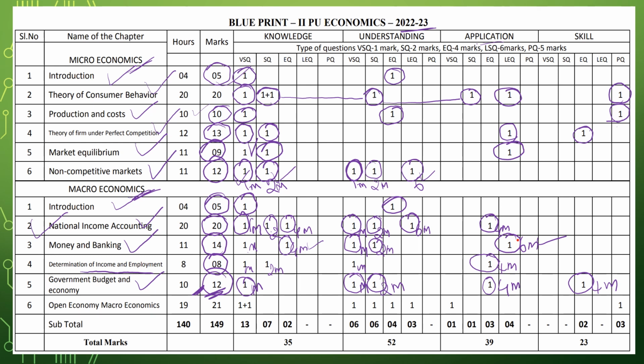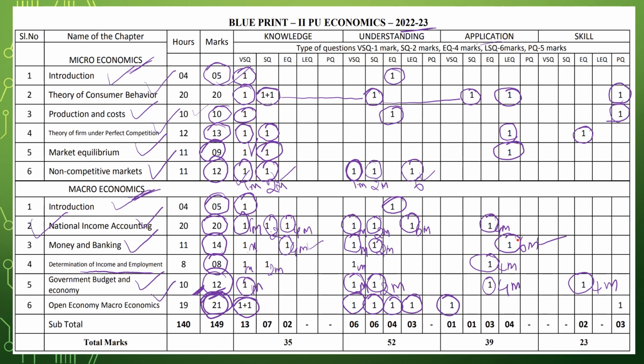Then open economy under macroeconomics, if you consider, the allotted marks is 21. From this chapter, under knowledge itself, they are going to ask two 1-mark questions. And here, one 1-mark question under knowledge and one 2-mark question, and again a 4-mark and a 6-mark and a practical oriented question will be asked.